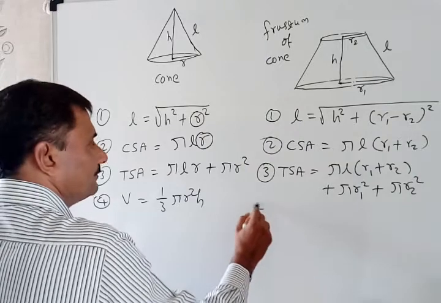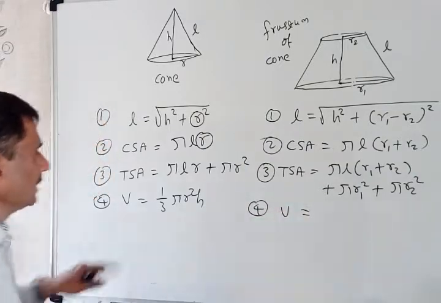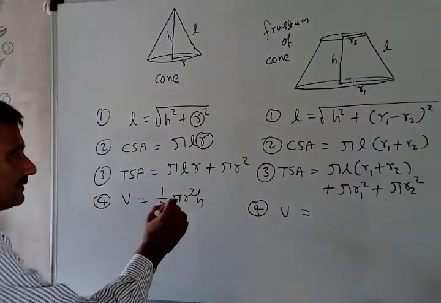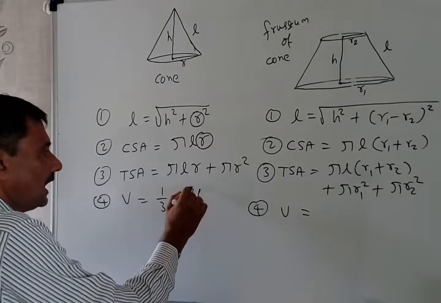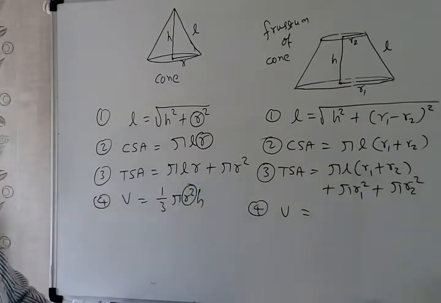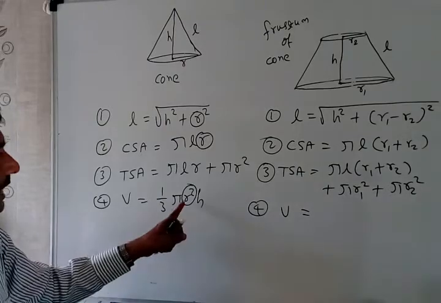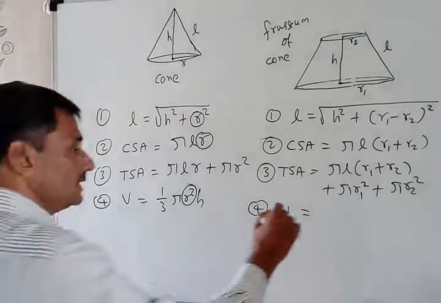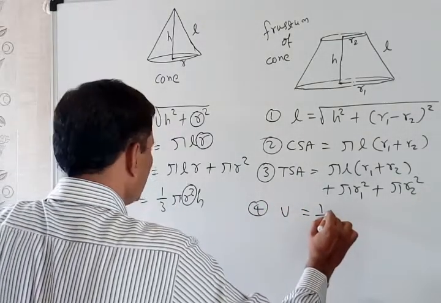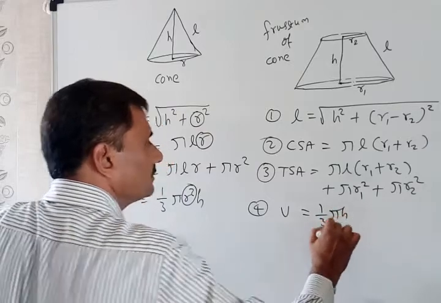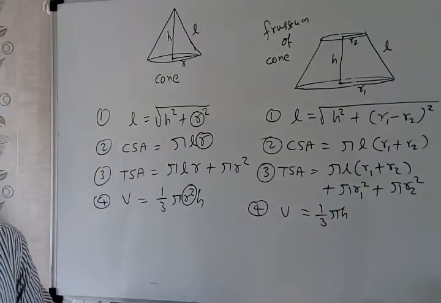Now volume. For cone it is 1 by 3 pi r square h. Here I am not replacing r but the whole r square. First I write the remaining constant pi and variable h.